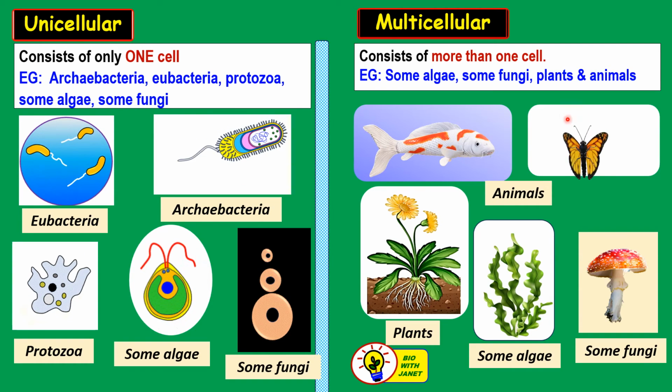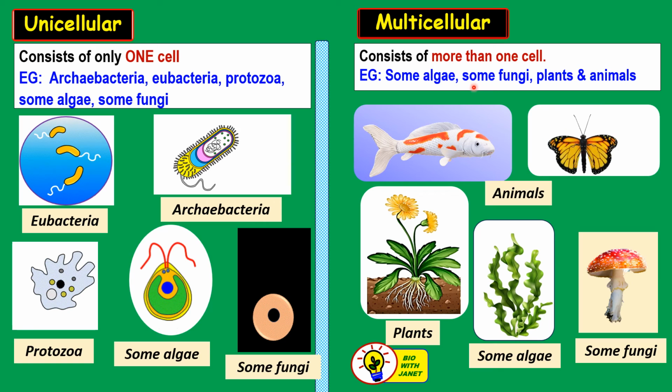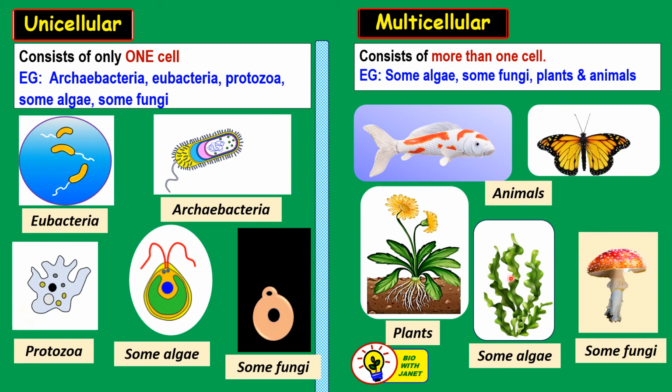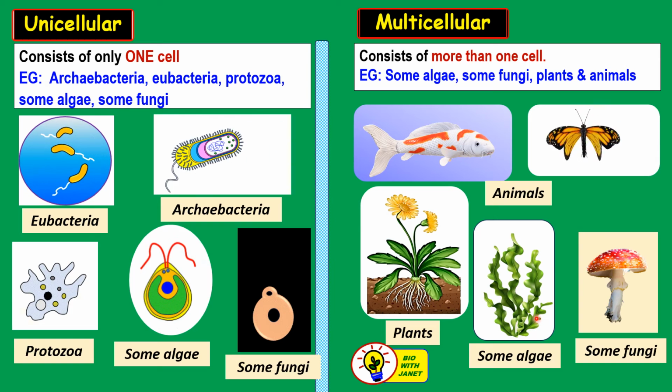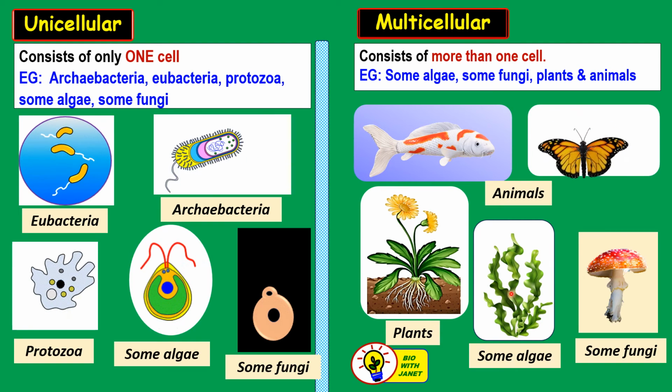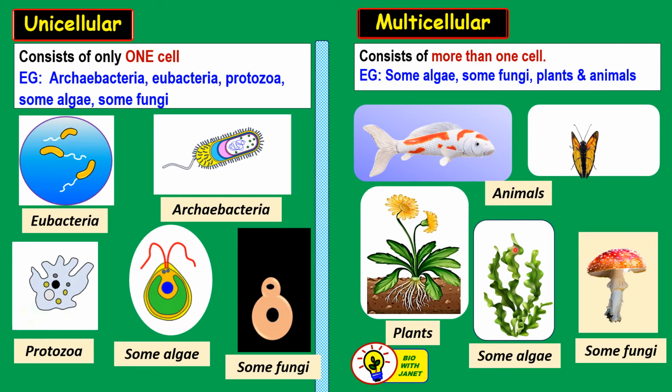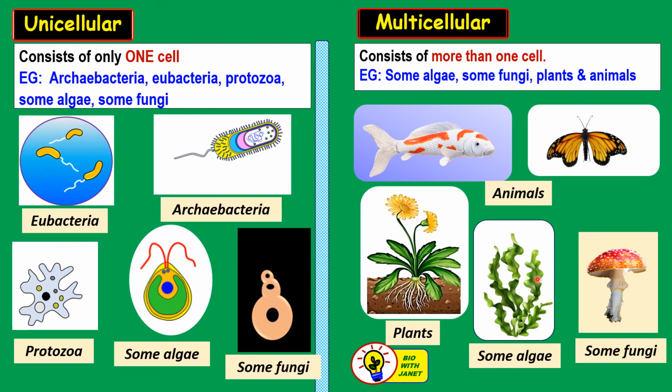But multicellular. A multicellular organism consists of more than one cell. For example, some types of algae that form structures like seaweeds. Okay, they are like seaweeds on the ocean floor or in the ponds. So they have leaf-like structures like this, which we call the thallus, but they are not so complex in structure as the plant leaves.